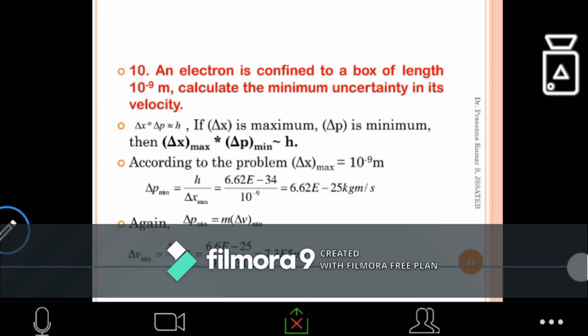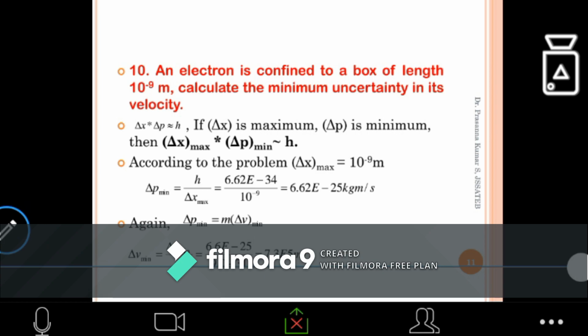Now I did not take it as greater than or equal to h by 4 pi. To make the overall calculation simpler, I just take the Planck's constant h. You can also try with h by 4 pi and check. No problem here.